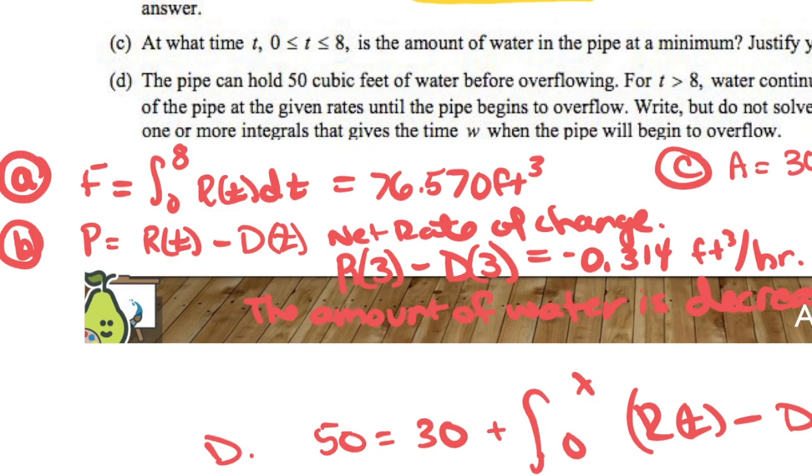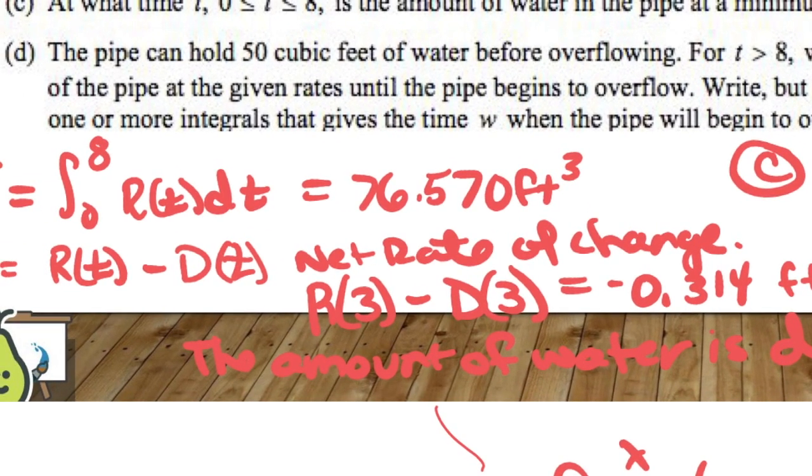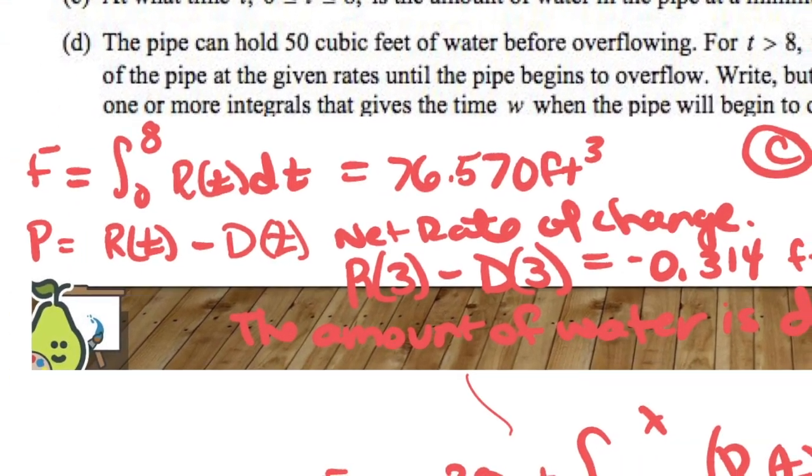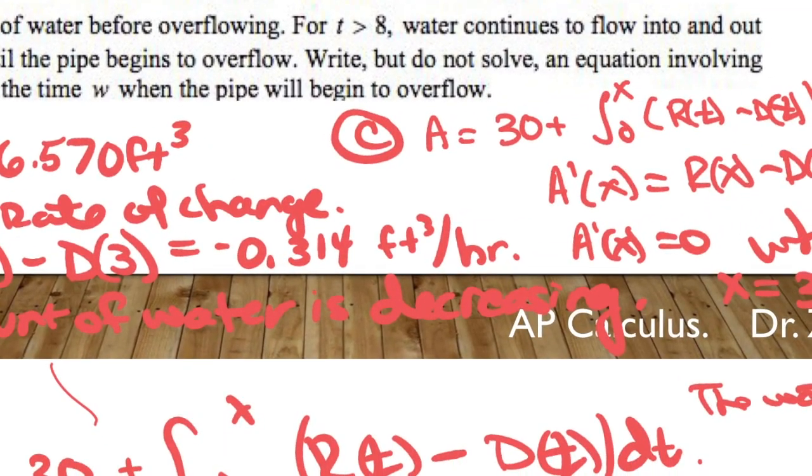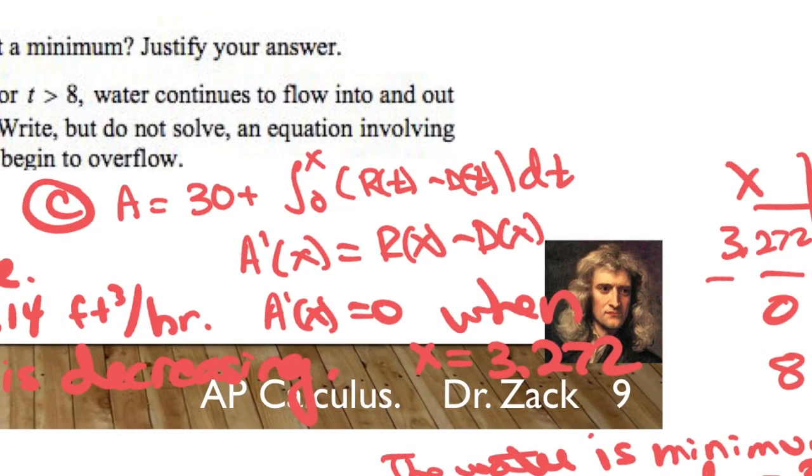As you complete this problem, make certain that you're using the correct notation and the correct units. So the net rate of change was R of t minus d of t. For question C, you're using your accumulation function. Remember, you're stating that we started at 30. We're going to integrate from 0 to x, R of t minus d of t.